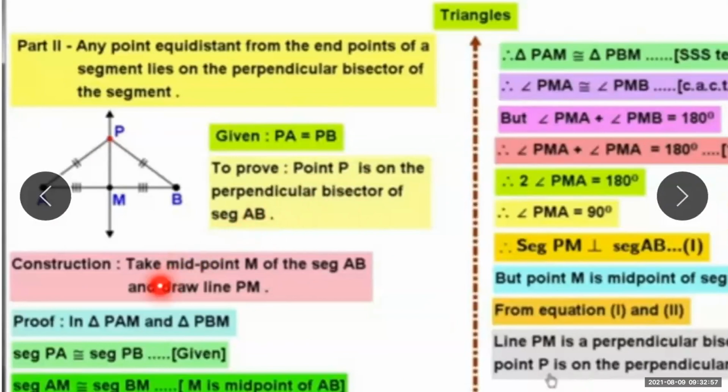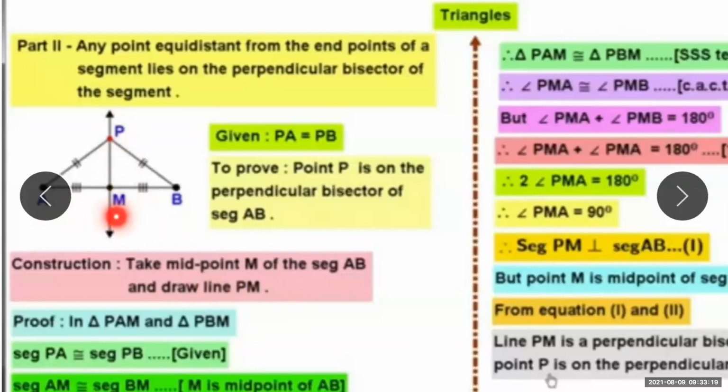Now let's do the construction. Take midpoint M of segment AB and draw line PM. The midpoint M here is the midpoint of segment AB, and we have to draw line PM.